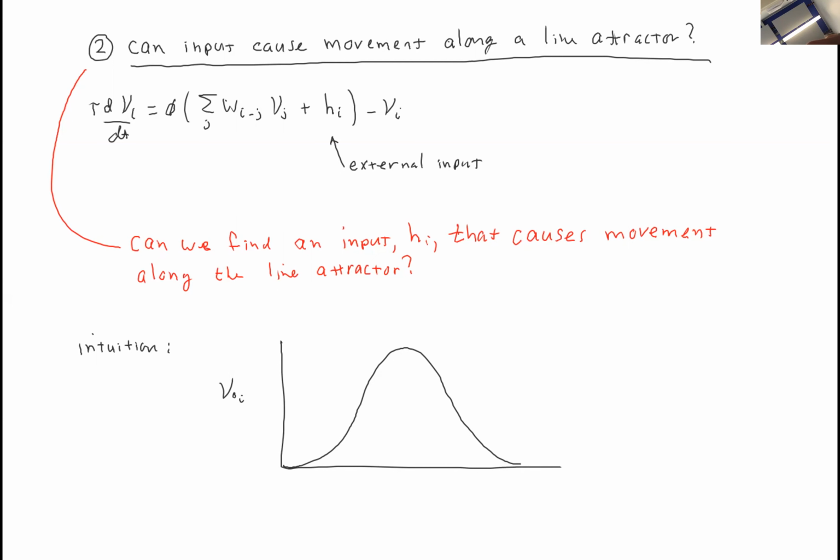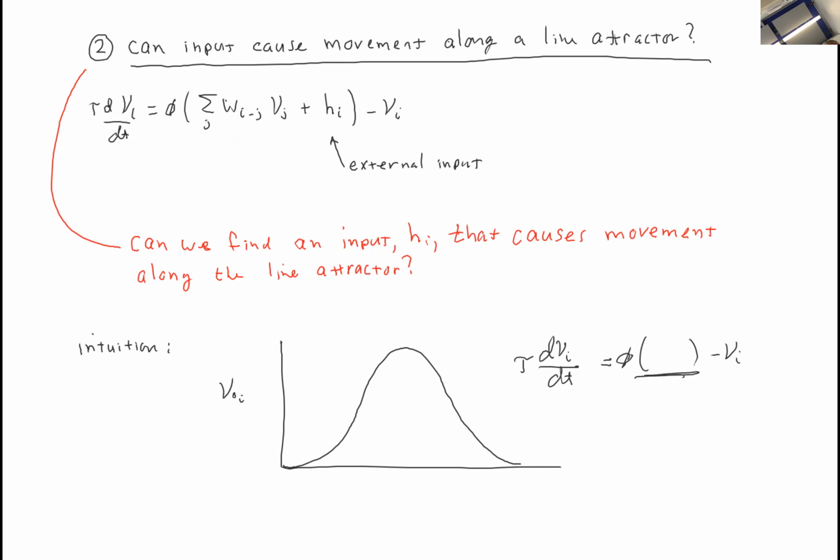Then remember, tau d nu_i/dt equals phi of its arguments, minus nu_i.